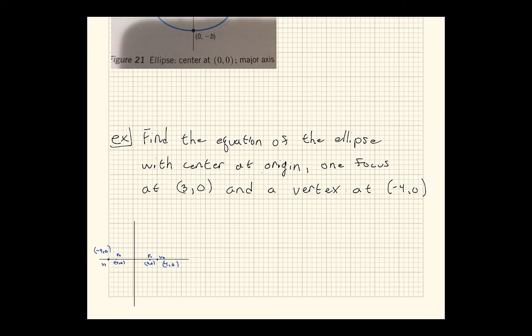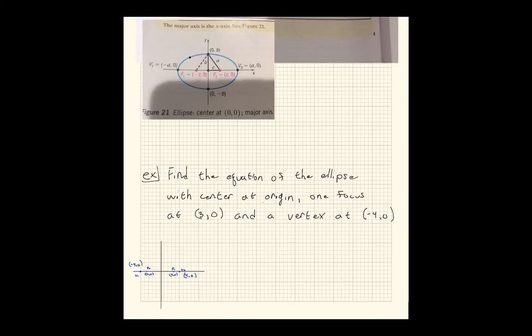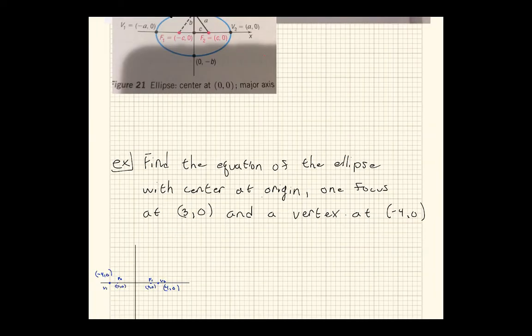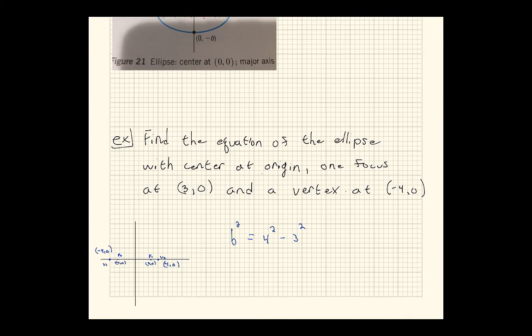So if I'm trying to find b, again, that was b squared equals a squared, which in this case is 4. So a squared is 4 squared minus c squared is 3 squared. So we should have b squared equals 16 minus 9. 16 minus 9 gives us a 7.